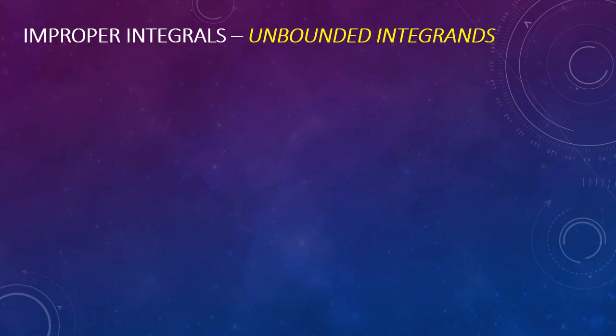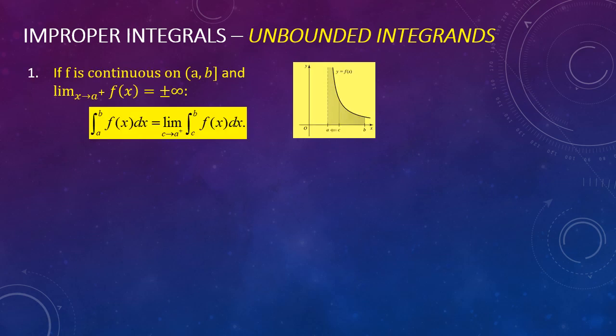Next, we're going to look at improper integrals, specifically the ones that have unbounded integrands, and we're going to find that we handle this pretty similarly to how we did when the limits were unbounded. So let's look at the three cases here.